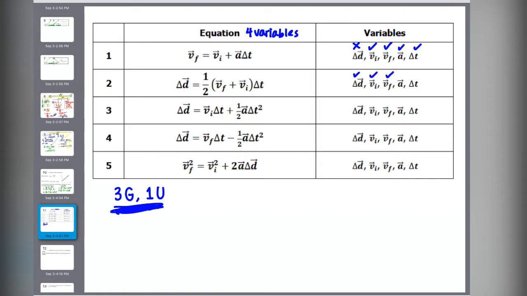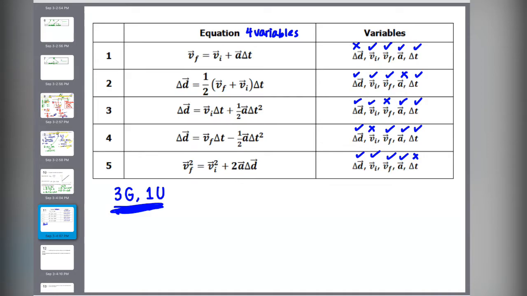A, VF, VI, T, this one doesn't have a displacement. I have D, VI, A, and T, no VF. I have D, VF, A, and T, no VI. VF, VI, A, and D, no delta T. So notice that we give you an array of different equations to allow you to pick the correct one that you could use.